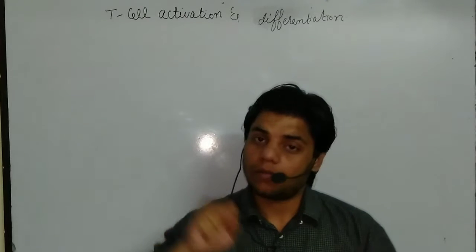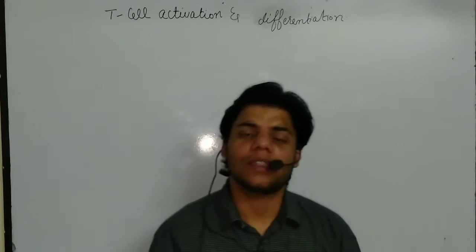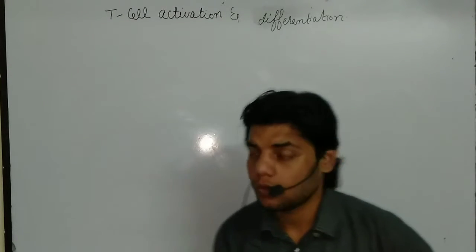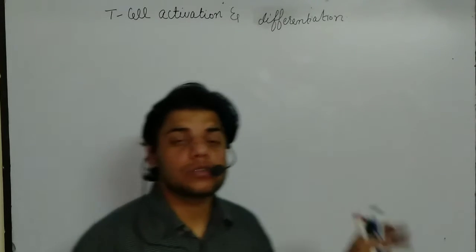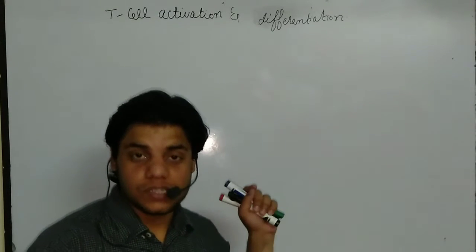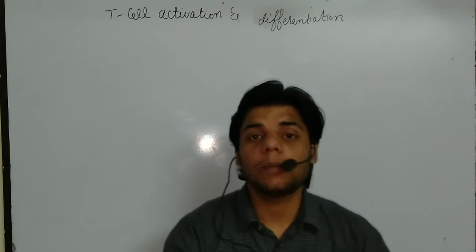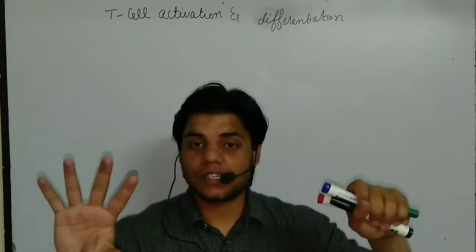Once they engulf that, they will convert it into small fragments. After that, they will present these small fragments on their receptor, which we call the MHC2 receptor or molecule. After that, they will produce cytokines due to which a naive T cell will be attracted. Once the naive T cell is attracted, this naive T cell will be converted into a helper T cell. This helper T cell will become activated.